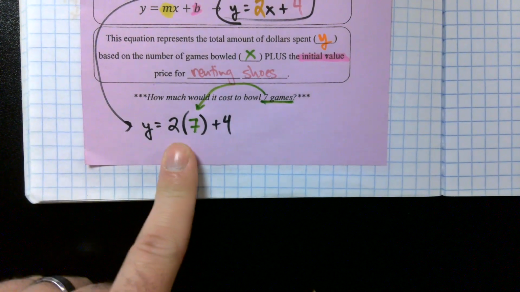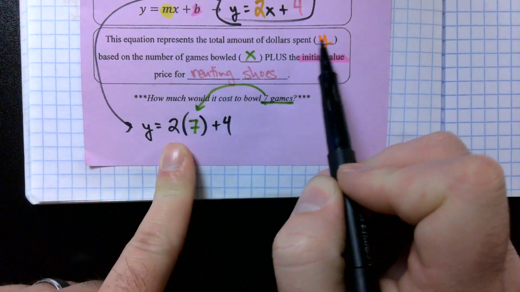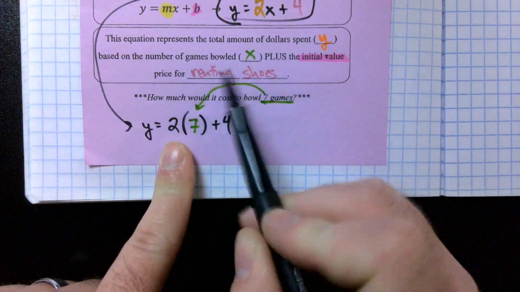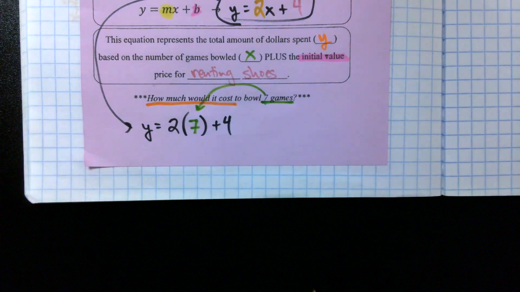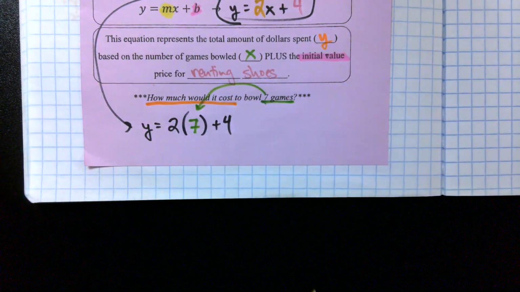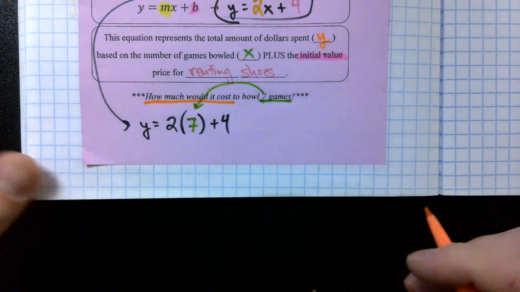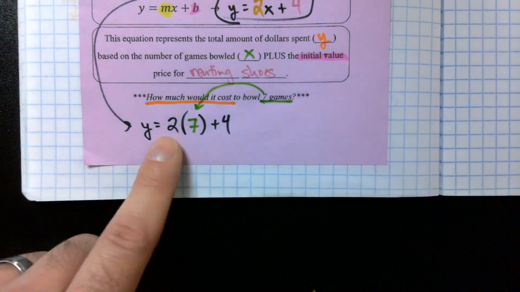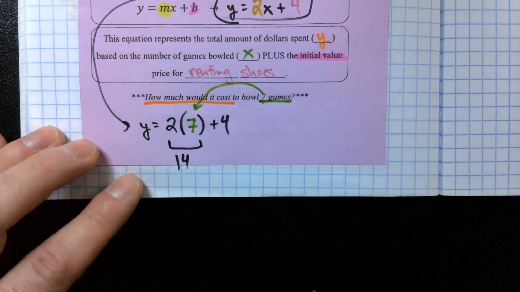Everybody see how I did that? How I set that up? Because we said that Y is my total dollars spent. How much would it cost means my answer should be how much in total I spent to bowl 7 games. Well, X is the number of games bowled, so I'll plug that in. What is 2 times 7? 14. This is what I was explaining to Key back there, right?